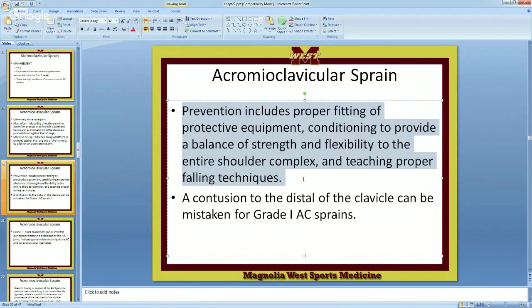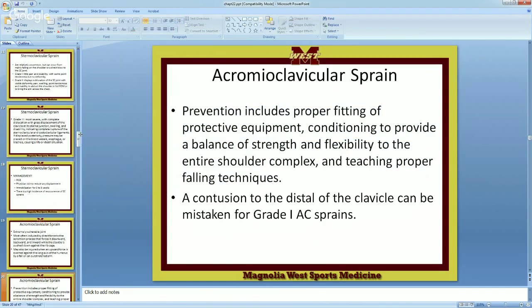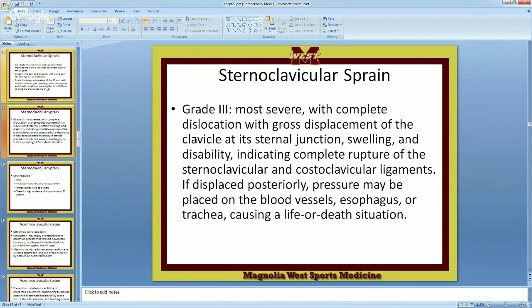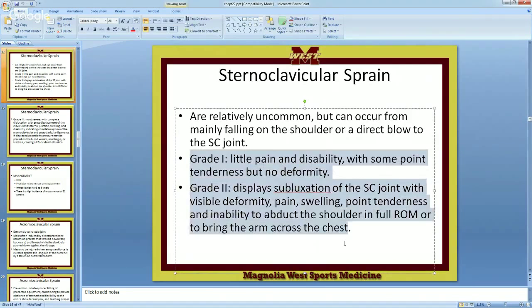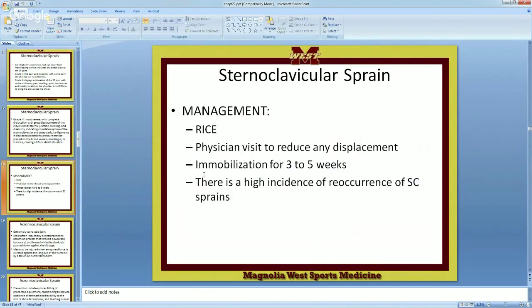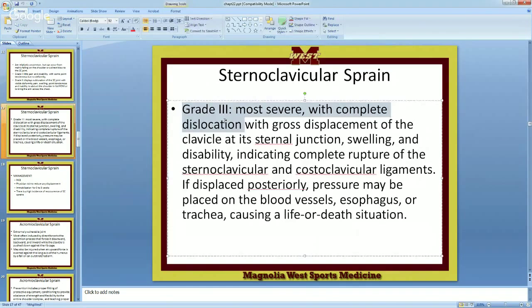Now, you will have 2 questions where you will match the symptoms with the correct grade of injury on 16 and 17. Slide 16 and 17, you must know the grades of a grade 1, 2, and a grade 3 sternoclavicular sprain.